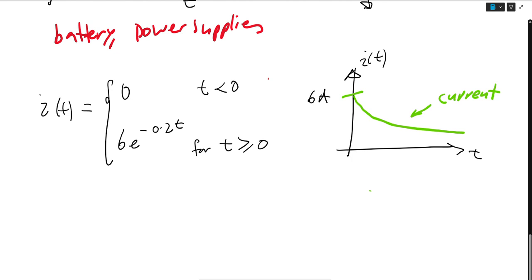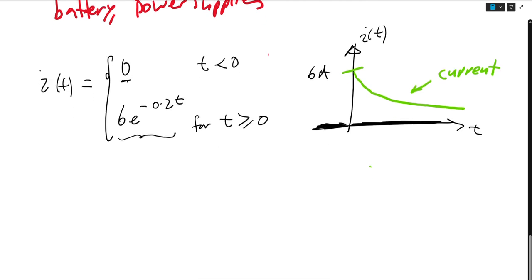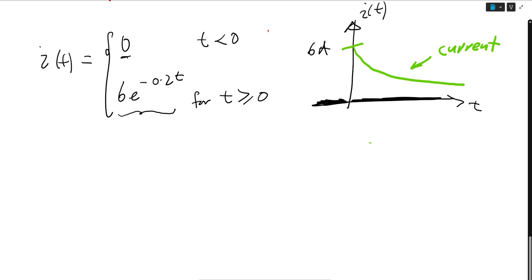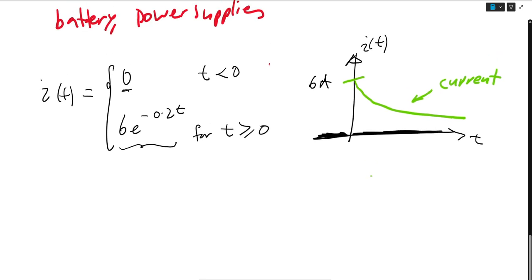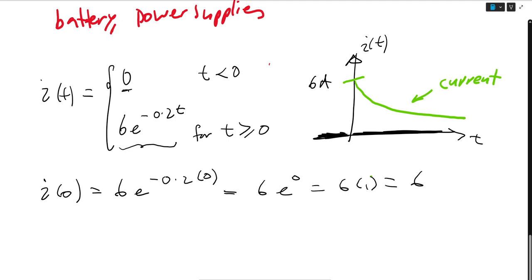So essentially, what's happening here is that for t less than 0 over here, my current is 0. And for t greater or equal to 0, my current is this given exponential function, where simply put I of 0 equals 6e to the minus 0.2 times 0, which is 6e to the 0, which is 6 times 1, which equals 6.